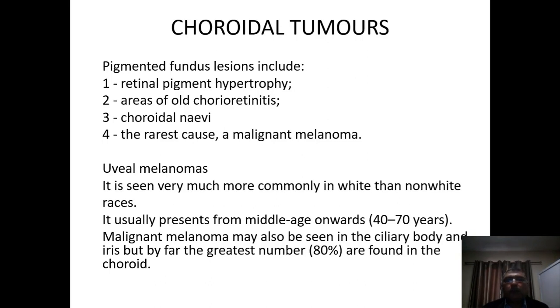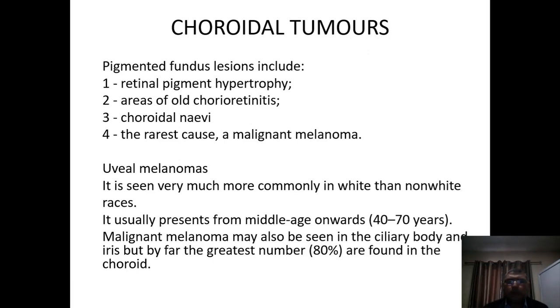We will shift to the choroidal tumors. Choroidal tumors arising from the choroid are seen in the fundus as pigmented lesions, and so the differential diagnosis of a pigmented lesion should be discussed.